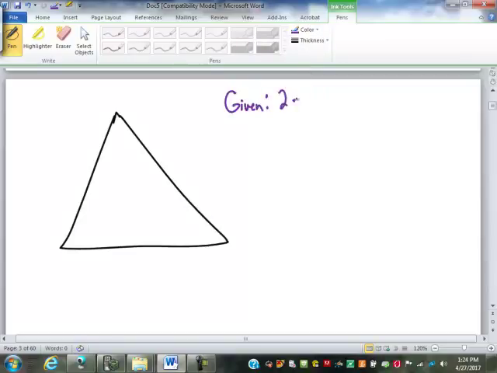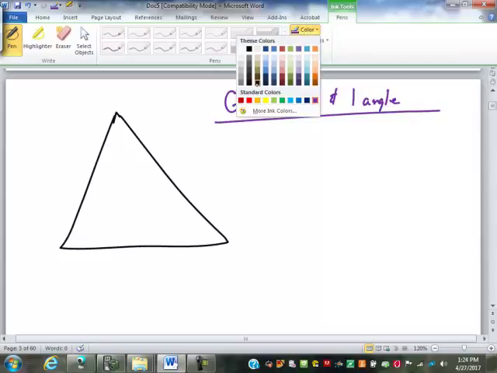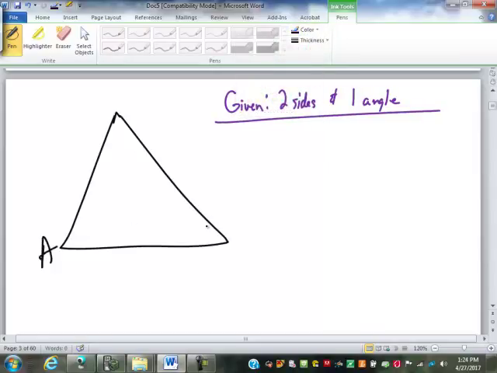We're given two sides and one angle. Looking at this one, do we have a side and its opposite angle?